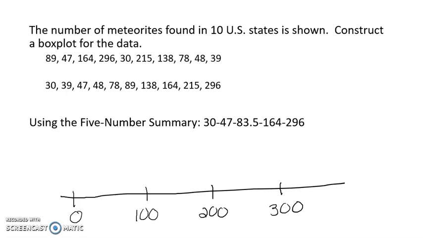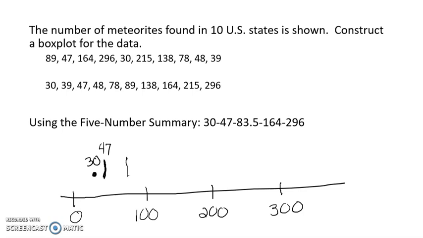So above the scale, where I'm estimating what 30 is, I'm going to place a point, and I'm going to say, okay, this is 30. That's my minimum value. And where I estimate 47 is, I'm going to place a vertical bar. That's going to be one side of my box. That's at 47. And then estimate where 83.5 is.